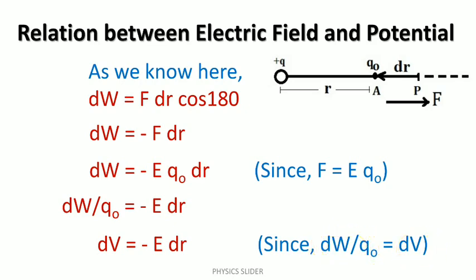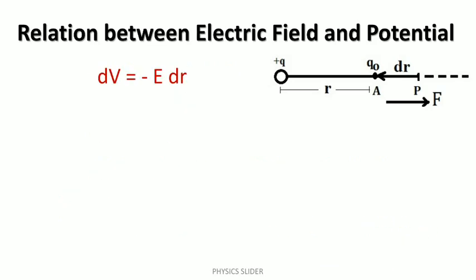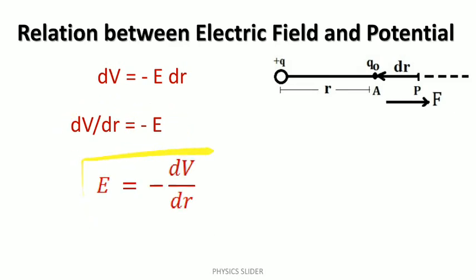So this will be dV is equal to minus E dr. Let's take this dr to the denominator, then this becomes dV over dr is equal to minus E, or we can write it like E is equal to minus dV over dr. This is the relation between electric field and potential.